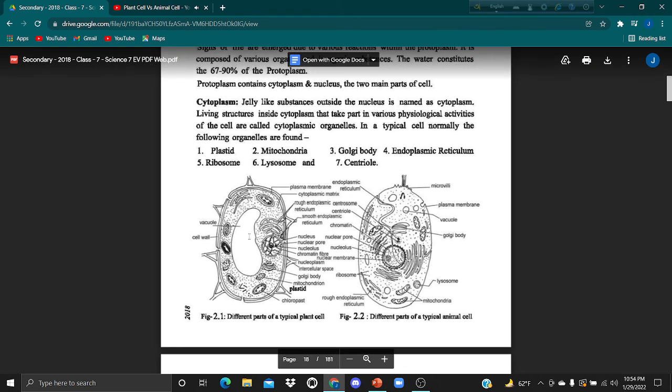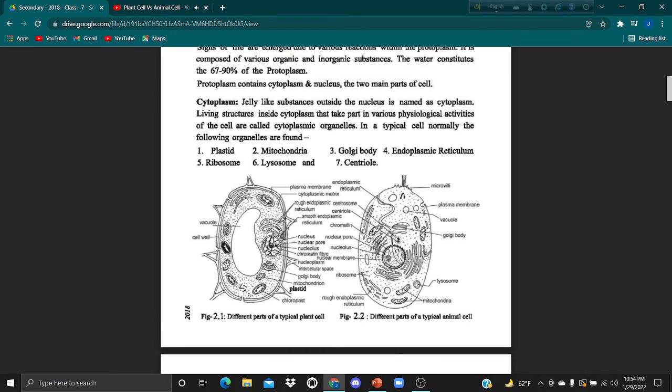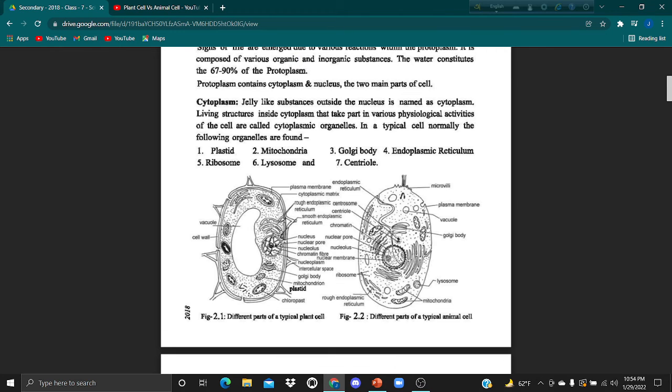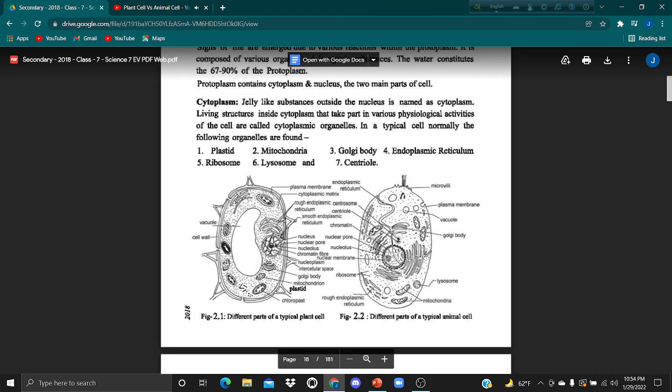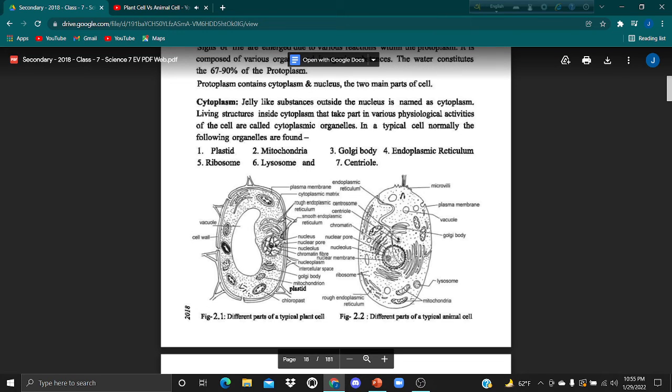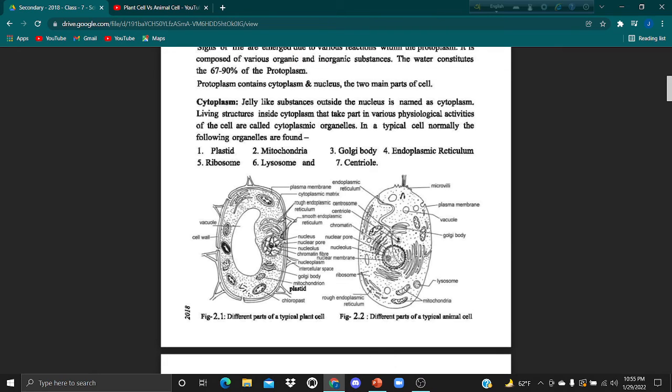And we can see some mitochondria, and here also you can see mitochondria, lysosome, Golgi bodies, rough endoplasmic reticulum, and thin plasma membrane and thick cell wall in the plant cell.